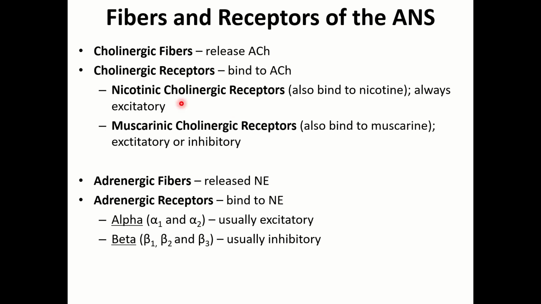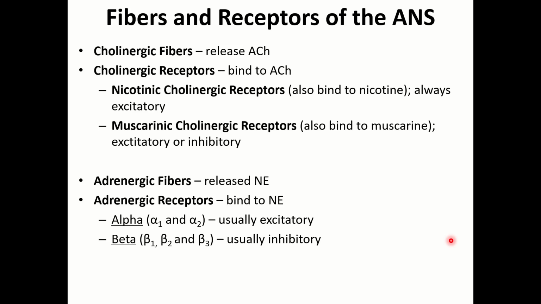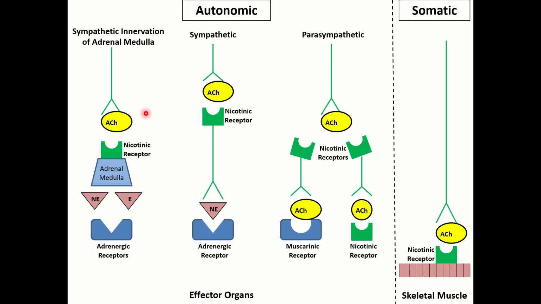So a nicotinic receptor in itself is a cholinergic receptor, right? Which of course you should recognize because nicotinic cholinergic receptors are those that can bind to acetylcholine. Now a nicotinic receptor is one that's always going to be excitatory when bound to acetylcholine. Well, this is what you needed in skeletal muscle. Because whenever acetylcholine binds to skeletal muscle, it needs to always be excitatory.